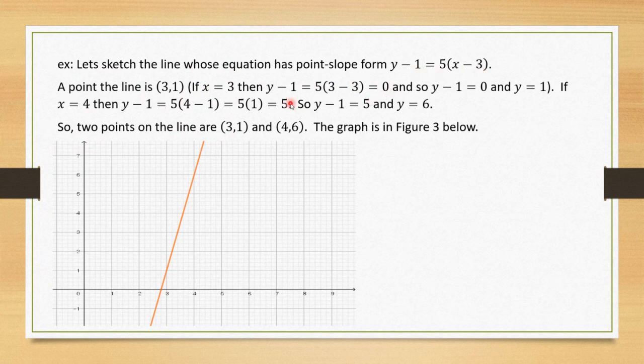If x is 3, that forces y to be 1, from the equation. So in other words, this is a solution of the equation, so this is on the line.